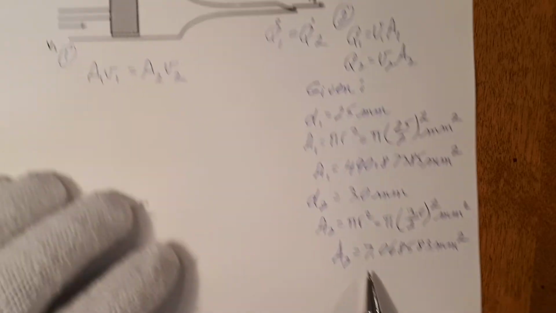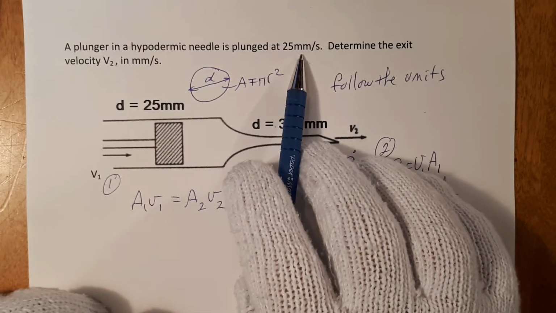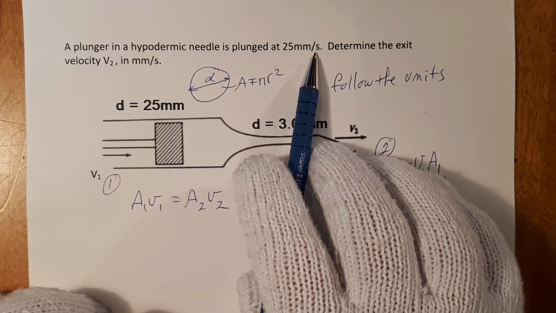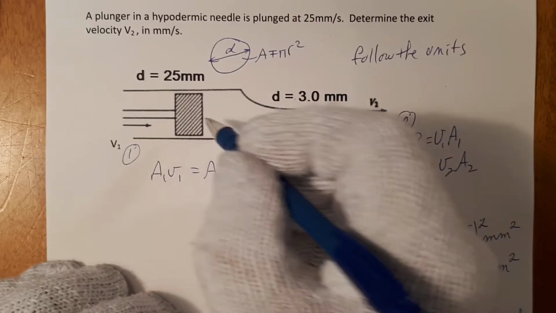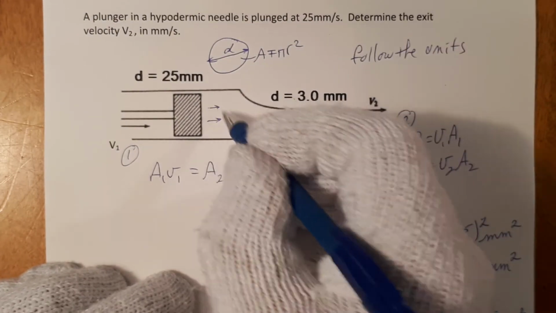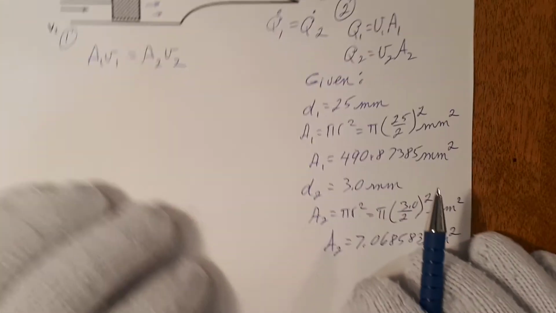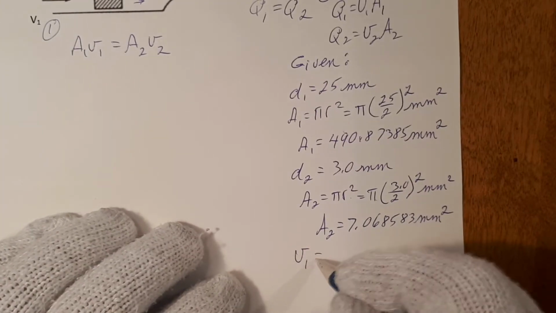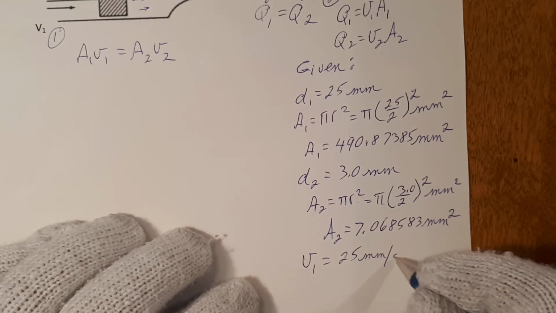We're also given the initial velocity right here. It is being plunged at a rate of 25 millimeters per second. So V1, the movement of the plunger forward, would also equate to the movement of the fluid going forward. So the velocity of the fluid is 25 millimeters per second.